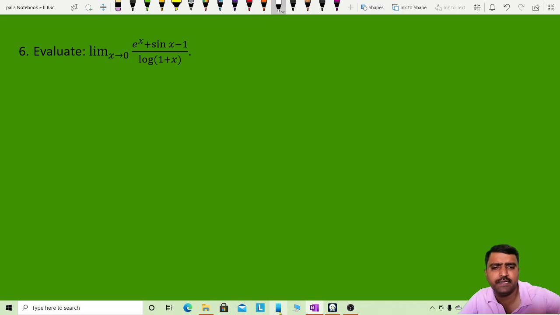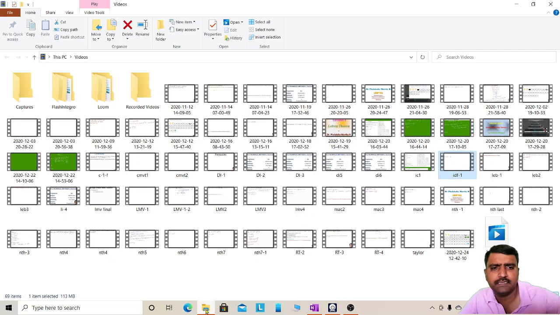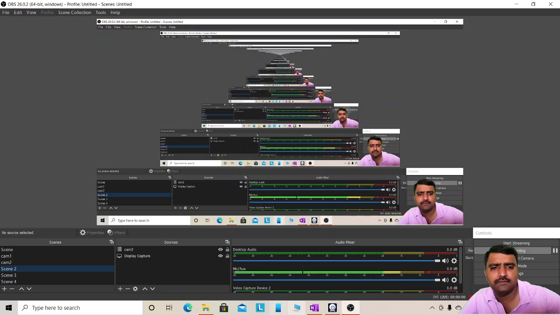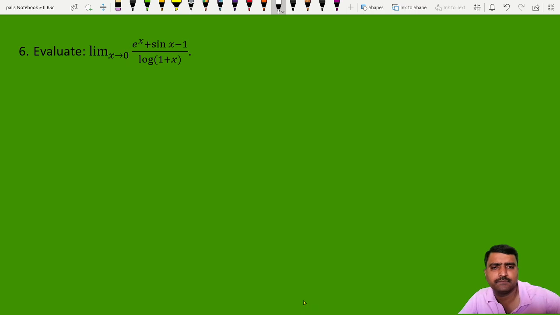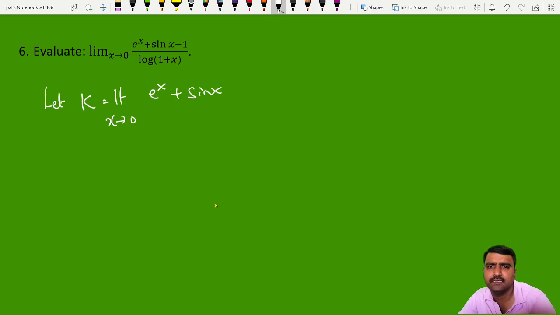So let k be equal to the limit as x tends to 0 of e to the x plus sin x minus 1 divided by log of 1 plus x.